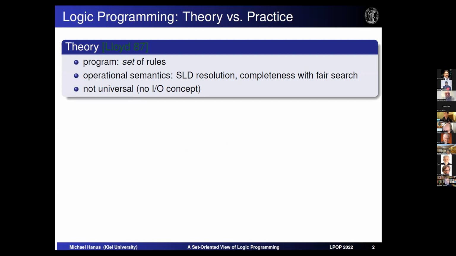And we have also the nice completeness results if we assume a fair search through the search tree. But on the other hand, it is not a universal programming language because there is no concept of how to do I/O. And really, by universal, I mean I can write application programs where I can ask the user for input, I can read from files, I can send packages through sockets and so on. And this is not covered by this.